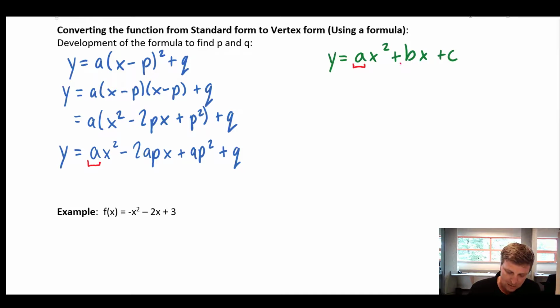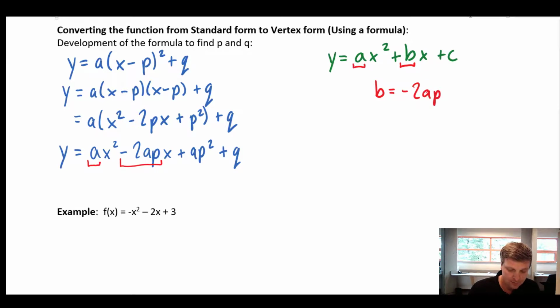But the b term of my standard form, what is going to be multiplied by just the x term? Well, that is going to be all of this. So this whole thing right here, negative 2ap, is what gets multiplied by x. So I guess what I'm saying is that b must be equal to negative 2ap.